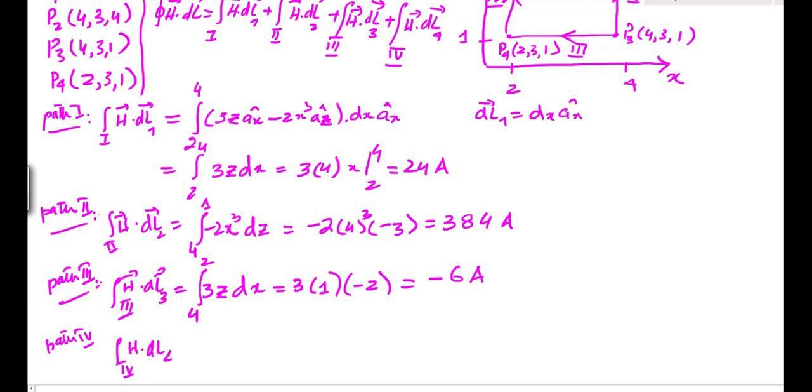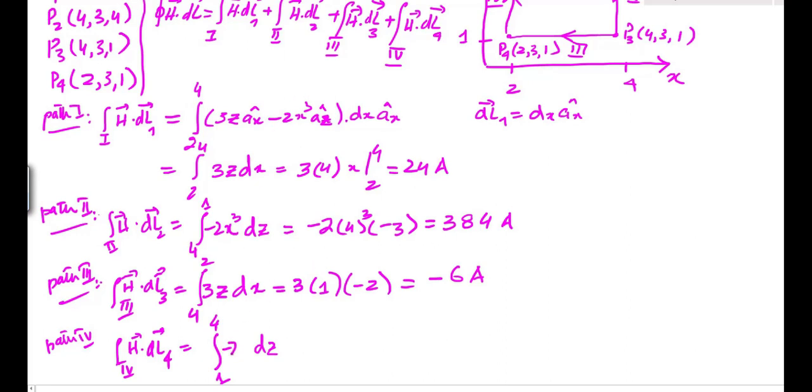Now for path 4 I will follow the same procedure, that is the path 4 H dot dl4. The limits are from z equals 1 to z equals 4, and as the path is changing only in the z direction, the component of H which is parallel to z is only the minus 2x cube.